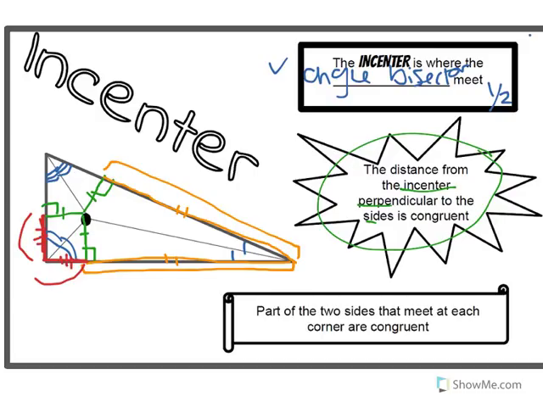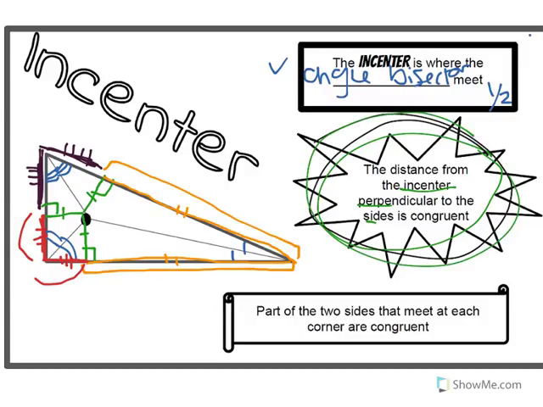And then the last corner angle, from here to here is congruent. So the lines that are perpendicular from the incenter to the sides are congruent. That was the first set that we talked about in green.